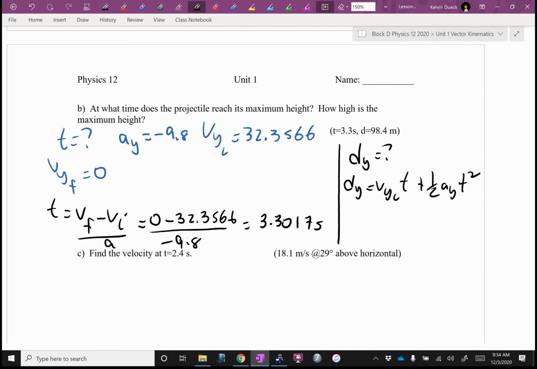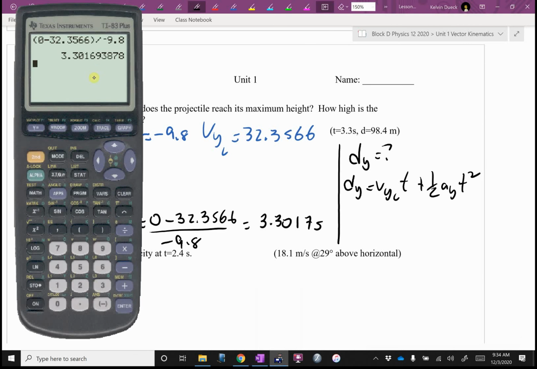I could also use vf squared equals vi squared plus 2ad, and I could solve that one for d. But since I have time sitting on my calculator right now, and the d is already by itself here, I think I'd use this. I didn't leave you enough room, so we're going to go straight to typing in the numbers.